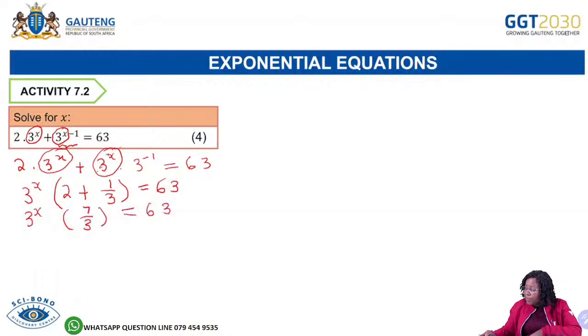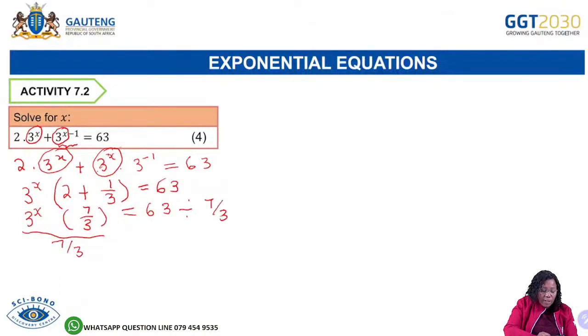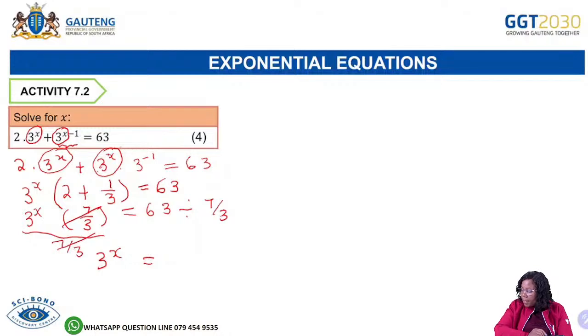Then we are going to divide both sides by 7 over 3, and also divide this 63 by 7 over 3, so that this 7 over 3 can cancel that one. Then we'll be left with only 3 to the power x. The 63 divided by 7 over 3 will give us 27 on the right hand side. And then now we have 3 to the power x.